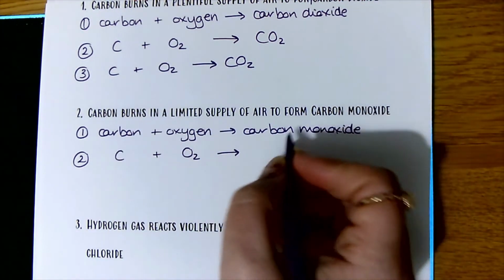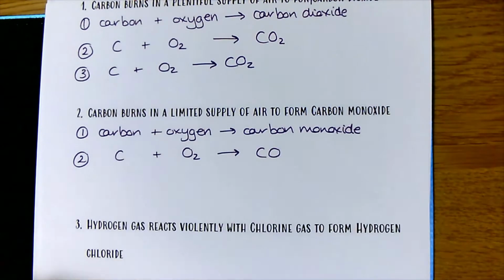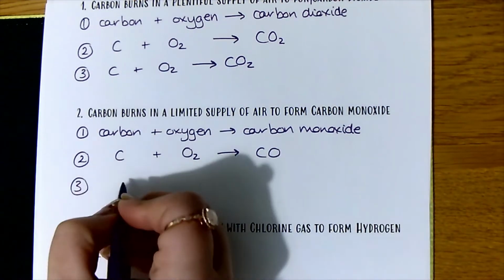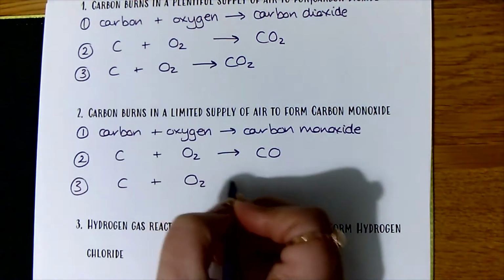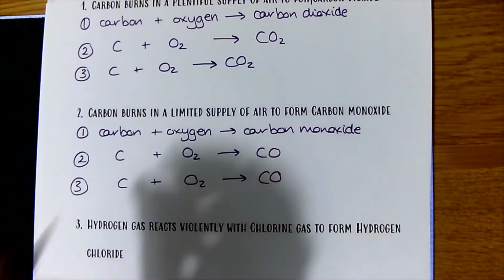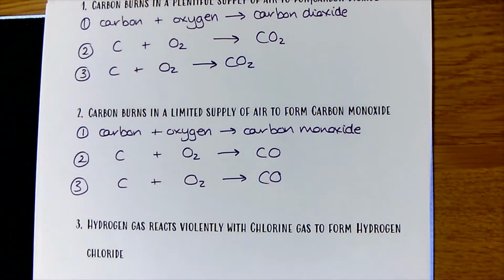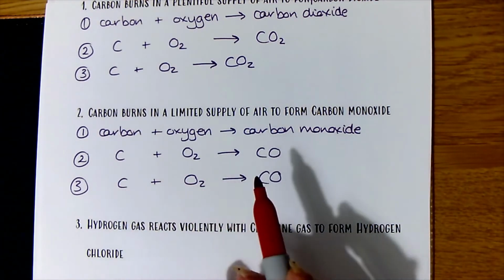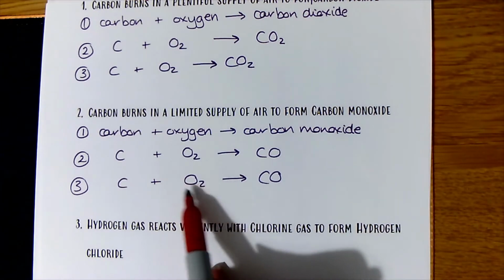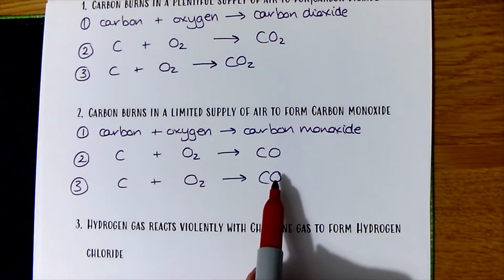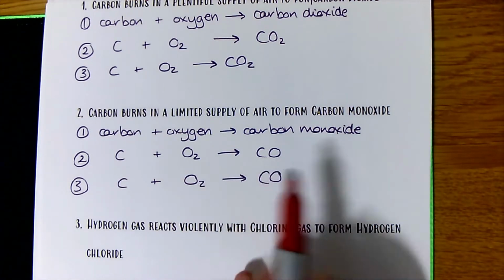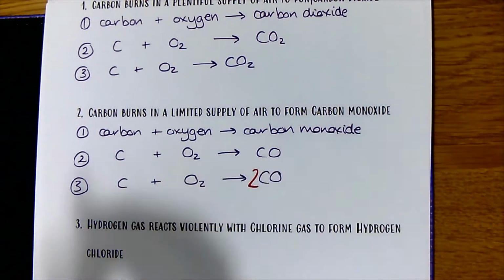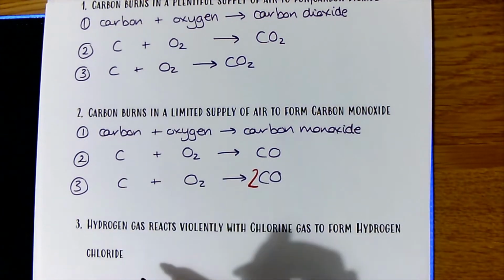It's mono for 1, so it's carbon monoxide like that. Let's just copy step 2 directly. And let's start our left to right count. Here we have one carbon and one carbon, so they're balanced. Here we have two oxygens and one oxygen. So we need to multiply this oxygen by 2 to make it balanced.